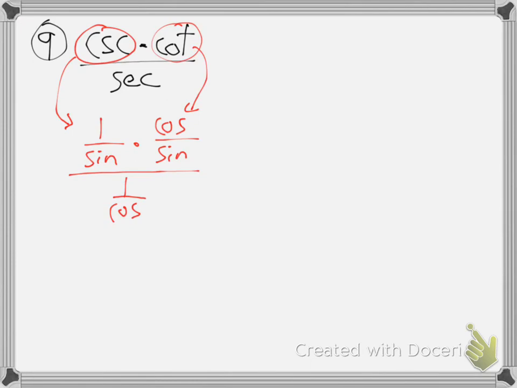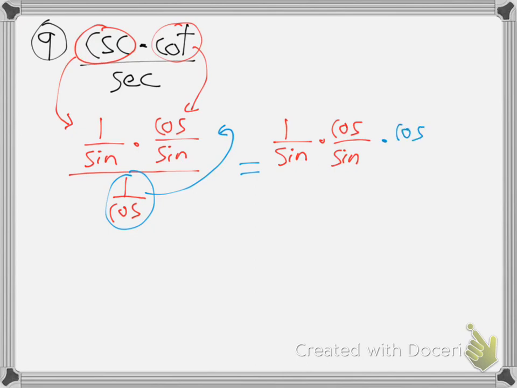So what do we always do when we have a fraction on the bottom of a fraction like that? Yeah, grab it and flip it up because dividing is upside down multiplying. So then we'll get 1 over sine, cosine over sine, times cosine over 1. We get to there.